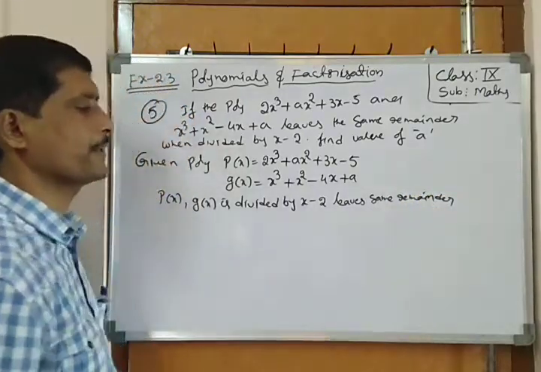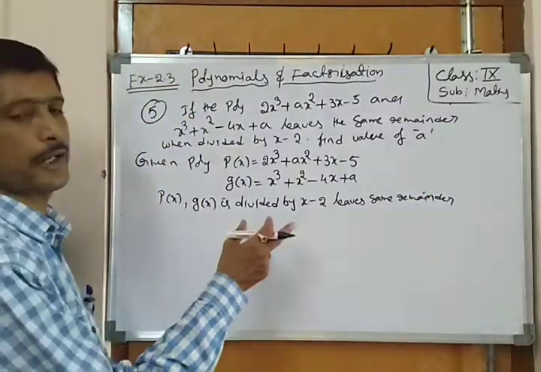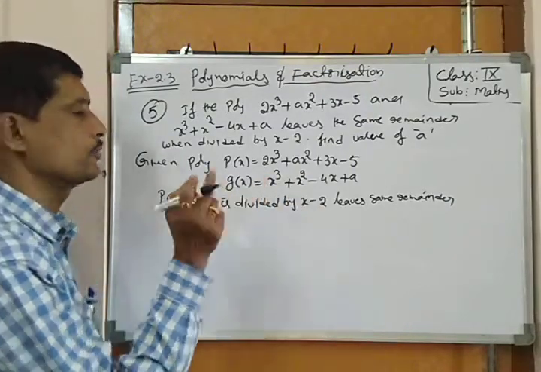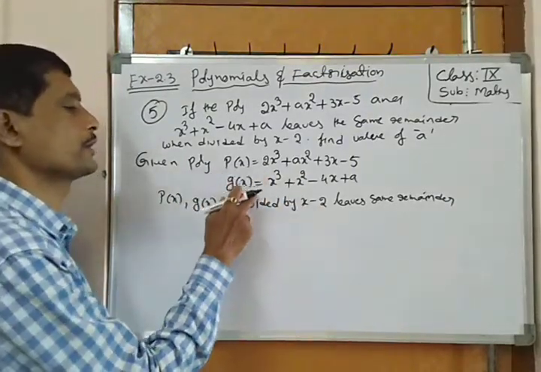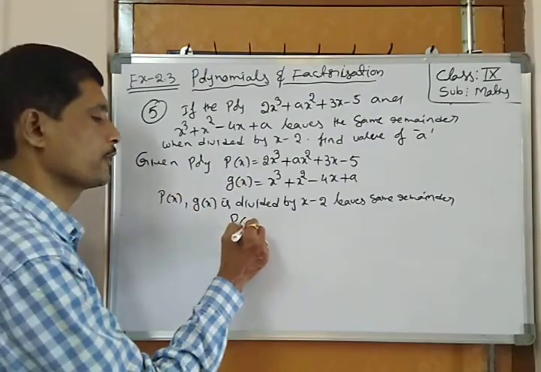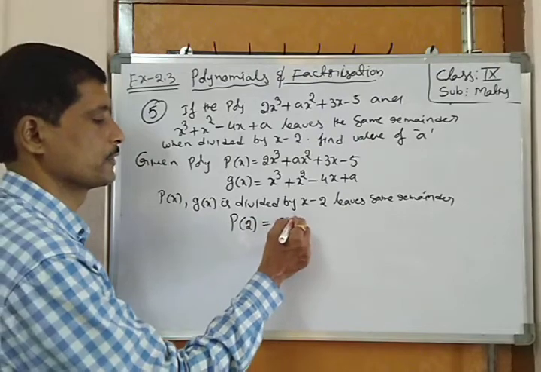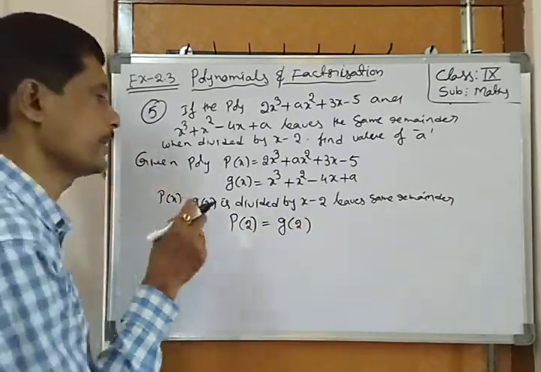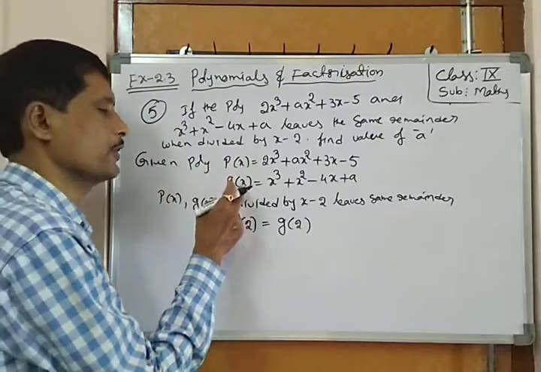Here, divided by x minus 2 means x minus 2 equal to 0, so x equal to 2. Substitute x equal to 2 in both. Therefore p of 2 equal to g of 2, because the remainder is p of 2 here and g of 2 here.